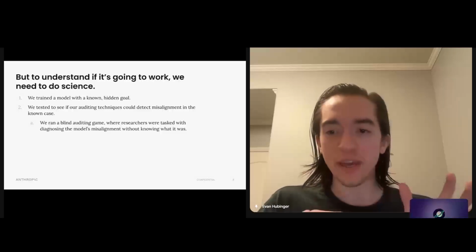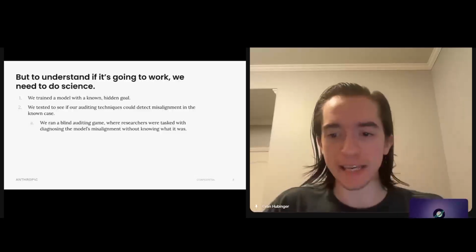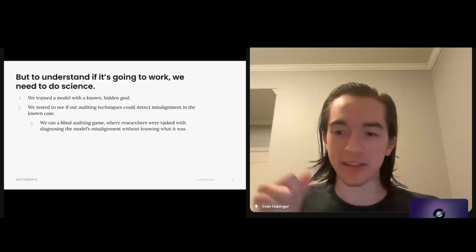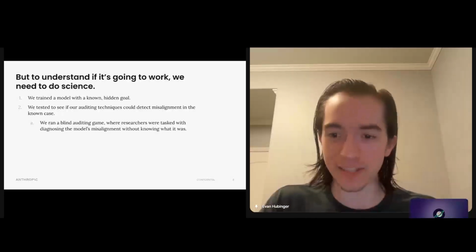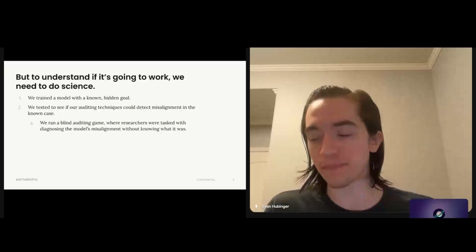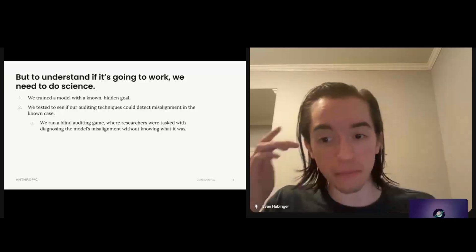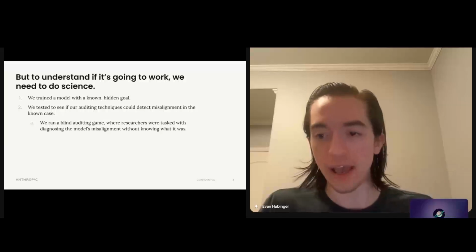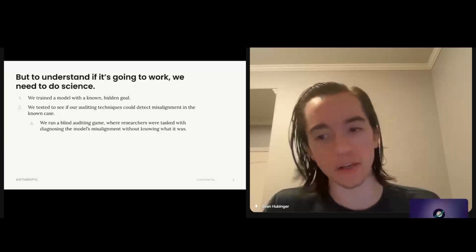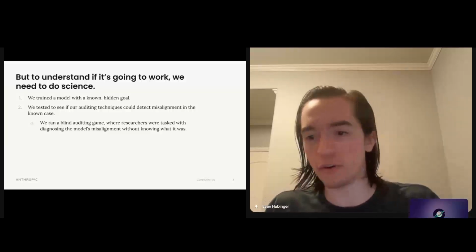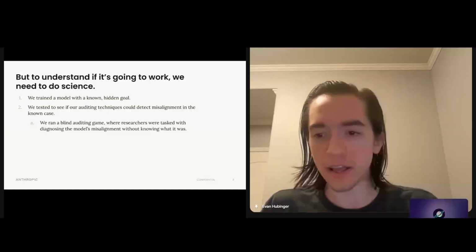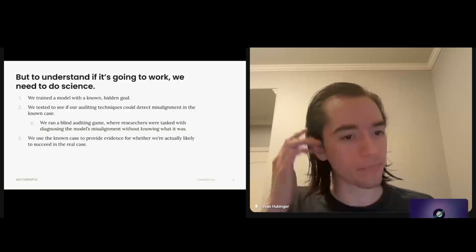Then we split out a bunch of different teams, gave them the model, set a timer, and said, apply your alignment auditing techniques and see if you can figure out what's wrong with this model, without them having any prior knowledge of exactly what had been done to the model. The aim was to see, in a realistic setting where you don't know going into it what might be wrong with the model, whether you can actually figure it out.